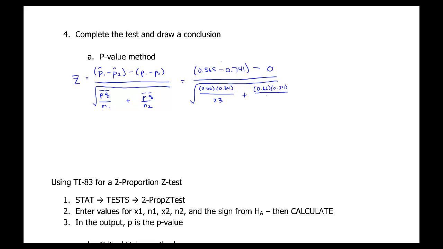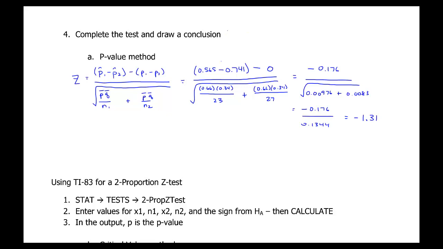Same thing over here on top, but our second sample size is 27. Again, do these equations in parts in your calculator and write down each part as you go. So when we calculate that all out, we should get z equals negative 1.31.